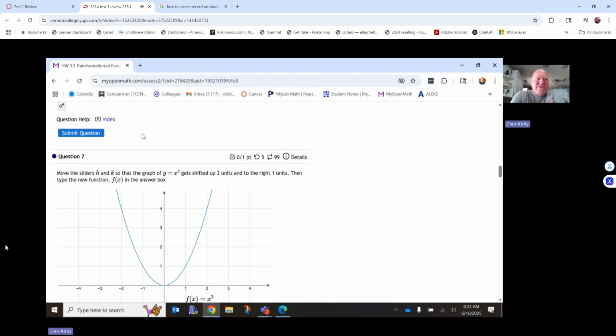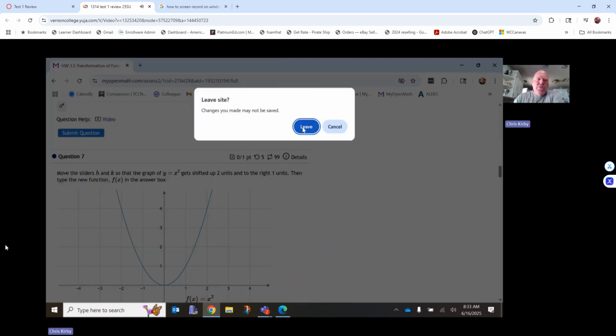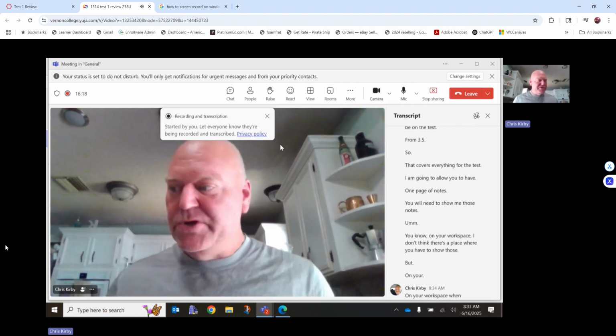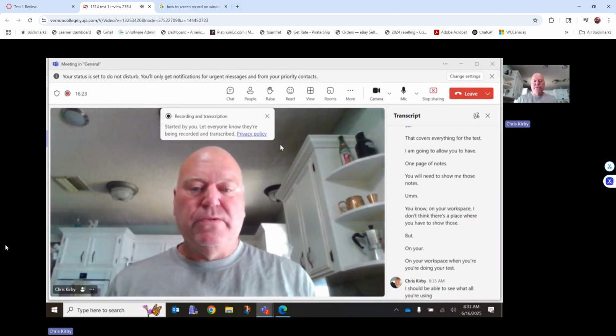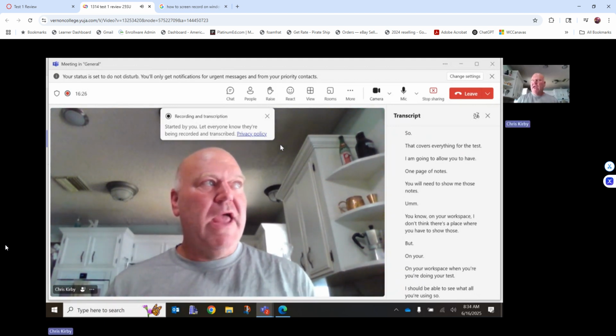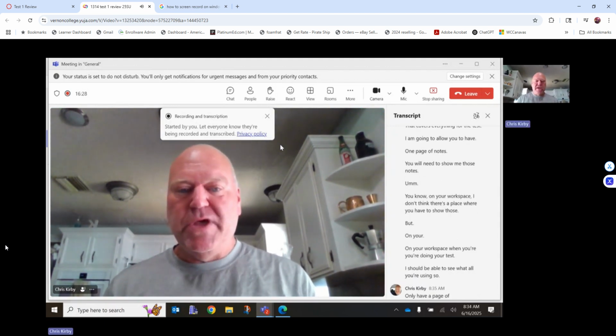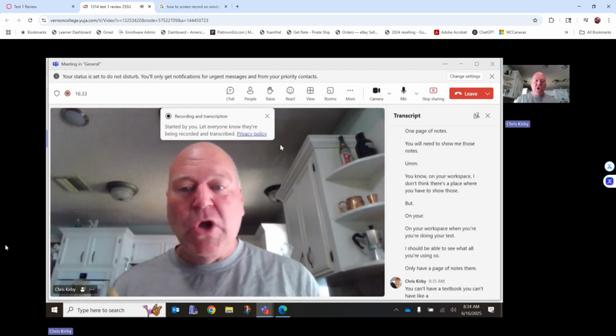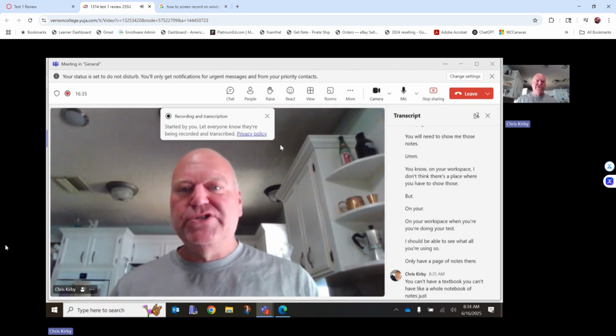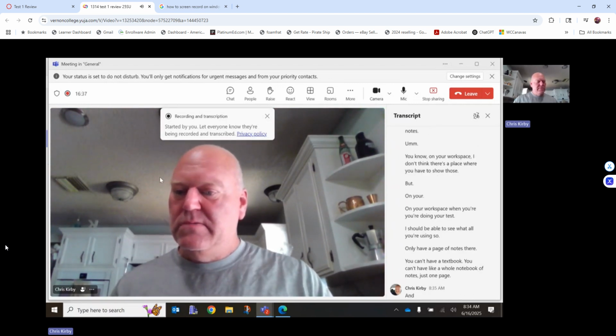I don't think there's a place where you have to show those, but on your workspace, when you're doing your test, I should be able to see what all you're using. So only have a page of notes there. You can't have a textbook. You can't have a whole notebook of notes. Just one page, and that's all.